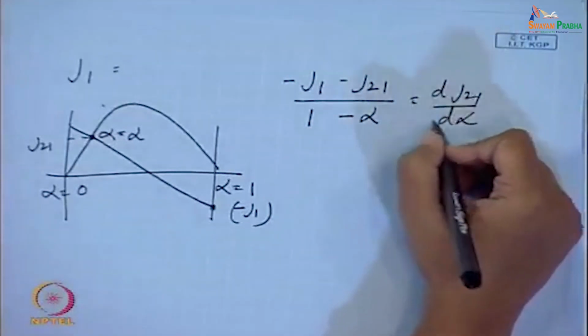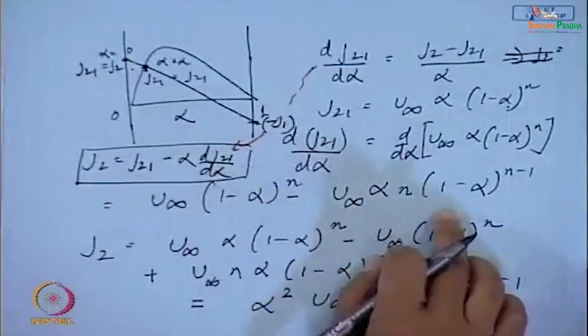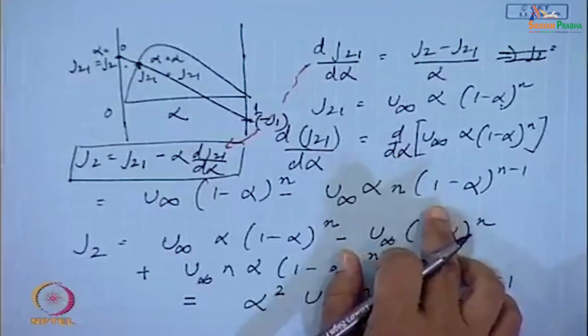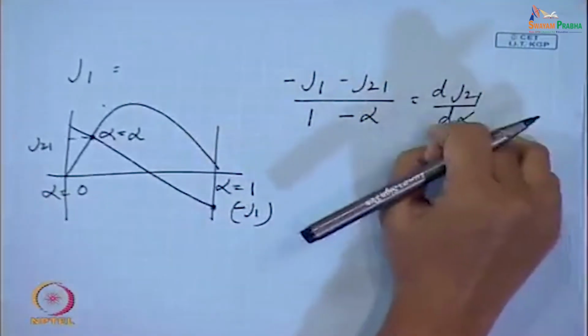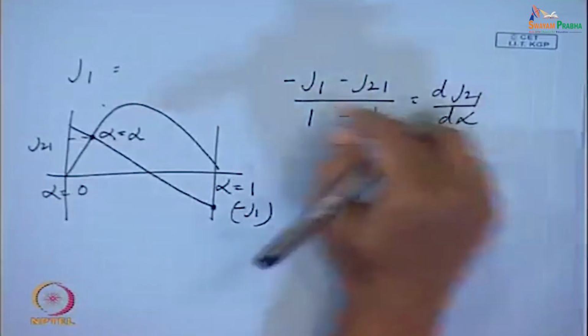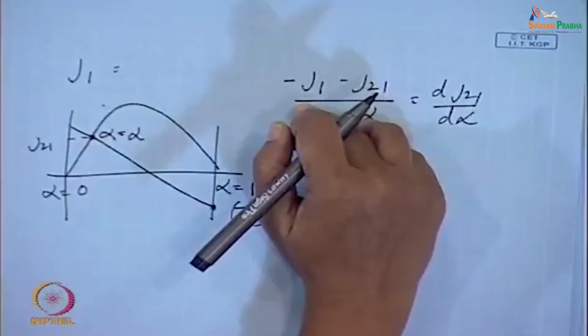Again this dJ21 d alpha can be substituted from this particular equation. Okay. We can substitute this here, and then accordingly we can find out the J1 under flooding conditions, or we can find J1 J2 for the corresponding points in the curve.